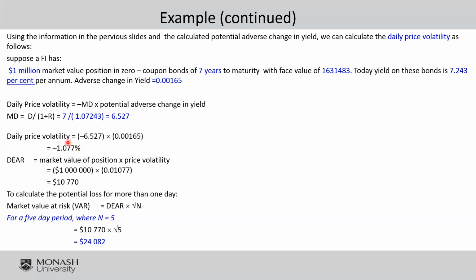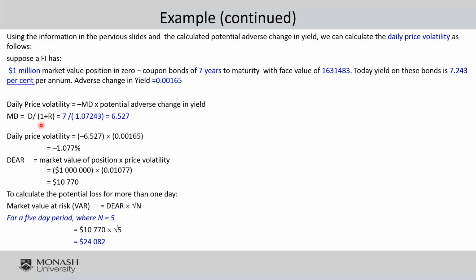This is the highest drop, which is 10,770. So I expect to lose 10,770 out of this 1 million in 1 day.